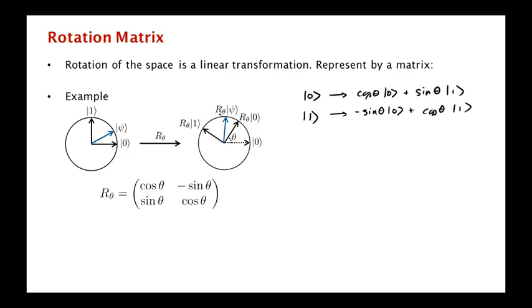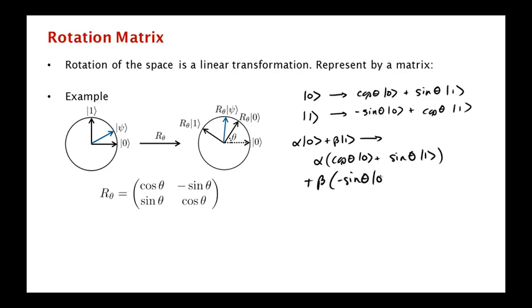But now rotation is a linear transformation, and so the way to write it is as a matrix, where what we are saying is that if you start with a state alpha 0 plus beta 1, then, because rotation is a linear map, it should get transformed to alpha times cosine theta 0 plus sine theta 1 plus beta times minus sine theta 0 plus cosine theta 1.